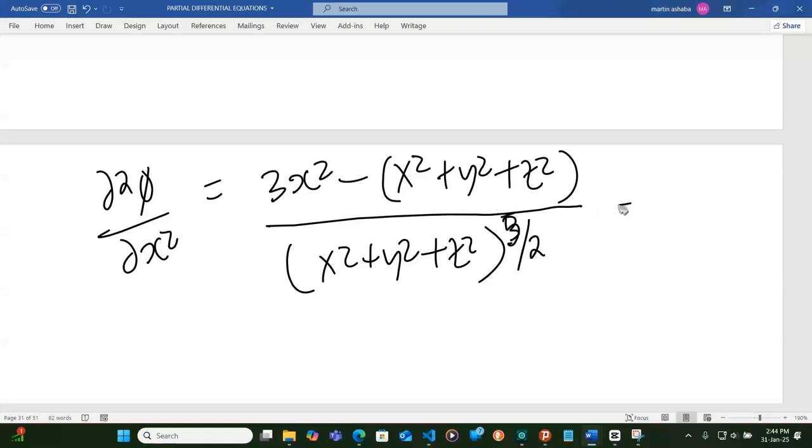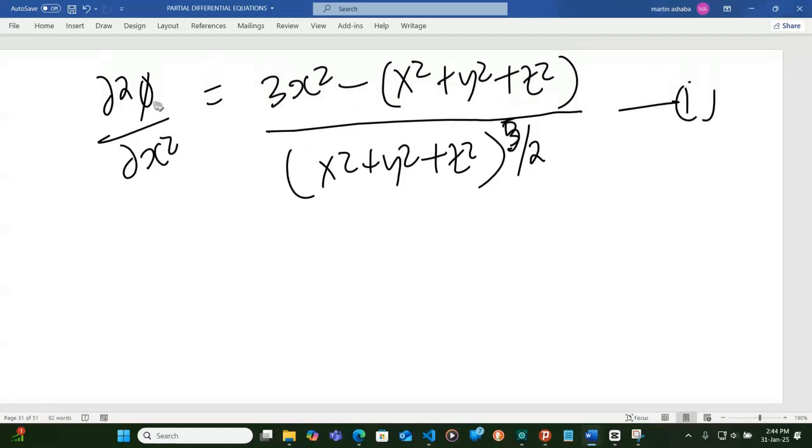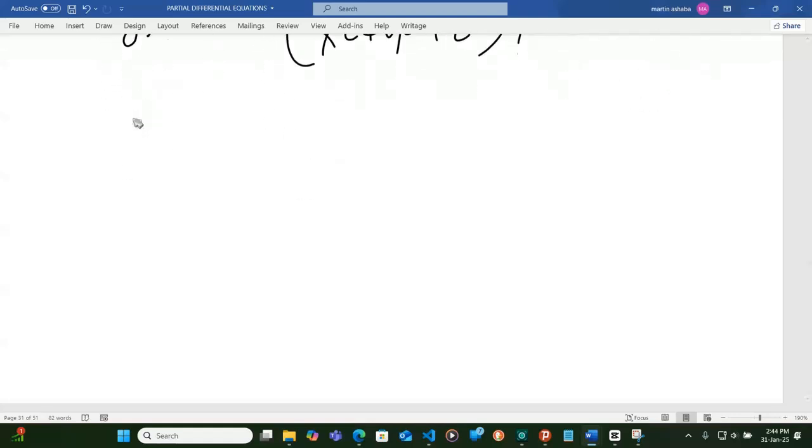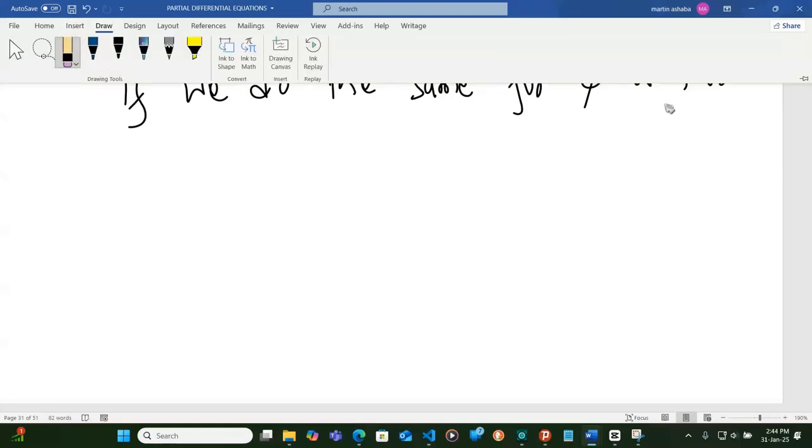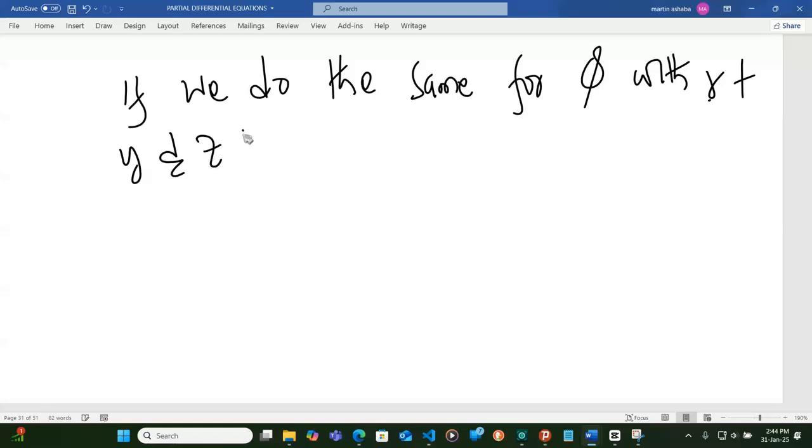So that is one. Now we do the same for the partial derivative of phi with respect to y and z, and we will get similar functions.